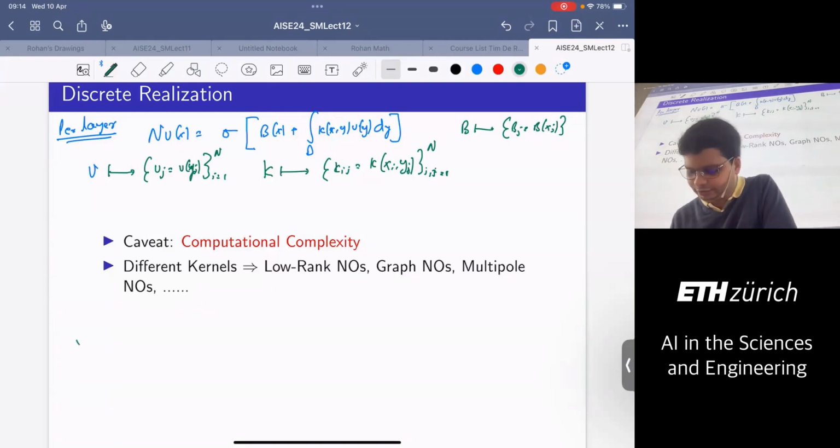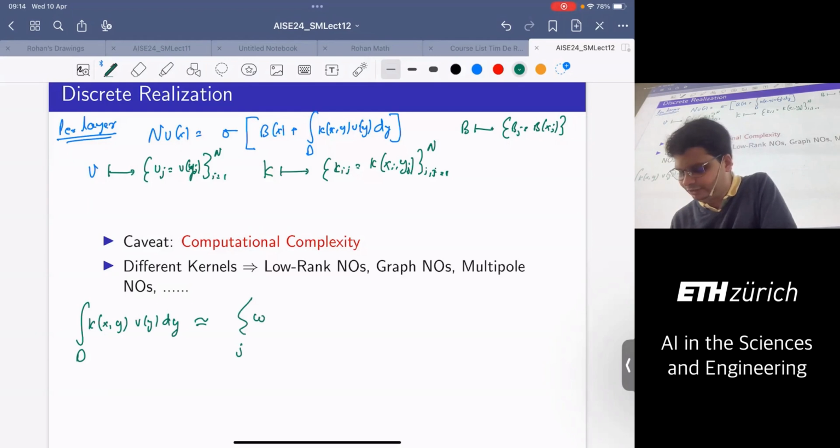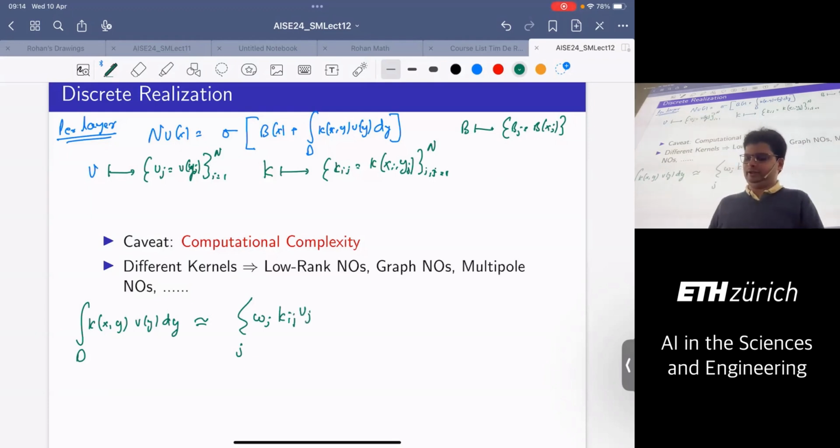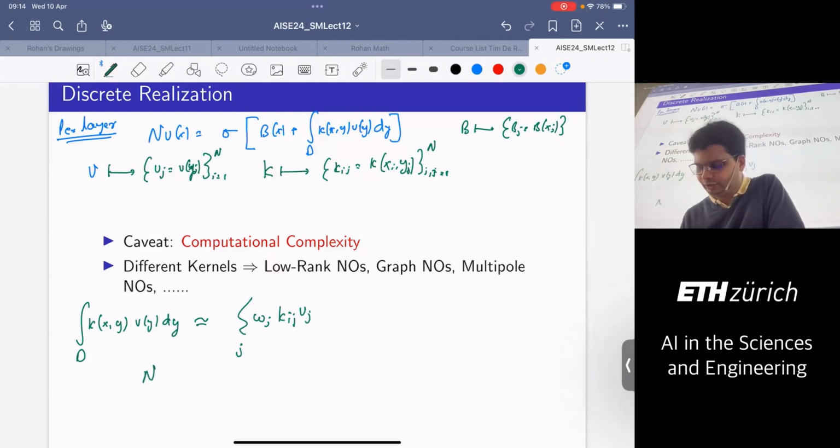So the integral of K of X, Y, V of Y, dy can be approximated by a summation over j of some weights, these are the quadrature weights, omega j, Kij, Vj. And then the finite dimensional realization: NV at the point i, the grid point i, is given by sigma of Bi plus the summation over j of omega j, Kij, Vj.